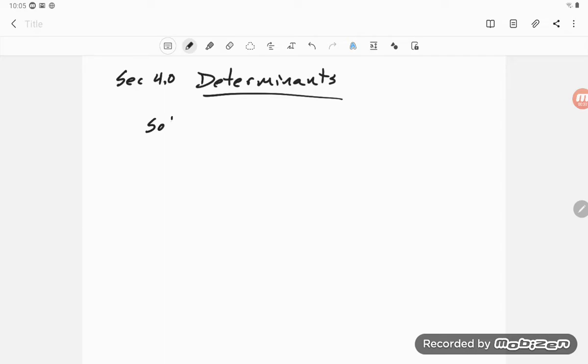Suppose I want to solve a quadratic equation, ax squared plus bx plus c equals 0. I'm not going to go through the whole derivation, but I would divide by a, giving x squared plus b over a x plus c over a equals 0.